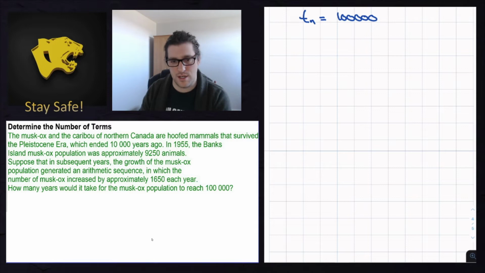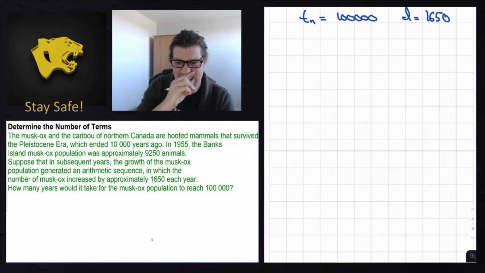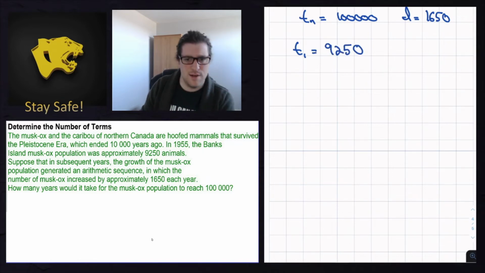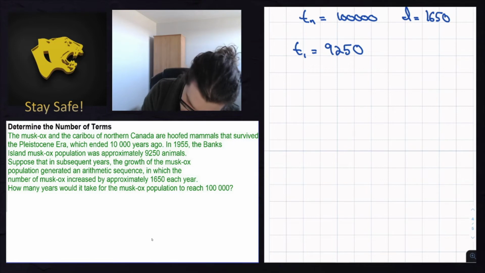But I'm going to put it in as 100,000 right now. We do know that the common difference is 1650, and in 1955, which I'm going to call term 1, there were 9,250 animals. And so it's increasing.